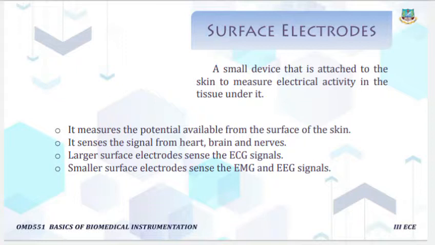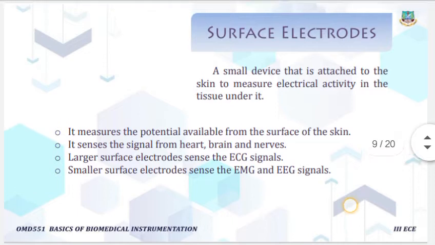That is, it senses signals from the heart, brain, and nerves. Large surface electrodes sense the ECG signal, and smaller surface electrodes sense EMG and EEG signals. What is an EMG signal? Electromyogram. And what is an EEG signal? That is electroencephalogram.